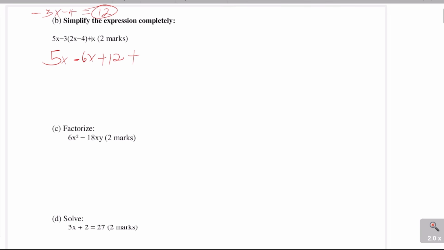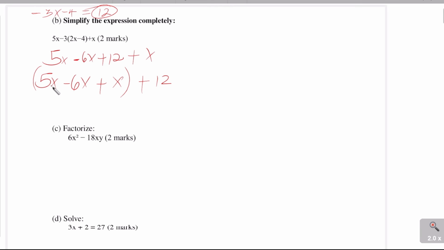Then plus x. Once you've opened the brackets, collect the like terms together and arrange them. So you have 5x, subtract 6x, plus x, and then plus 12. Remember, when you have addition and subtraction, you start with addition.